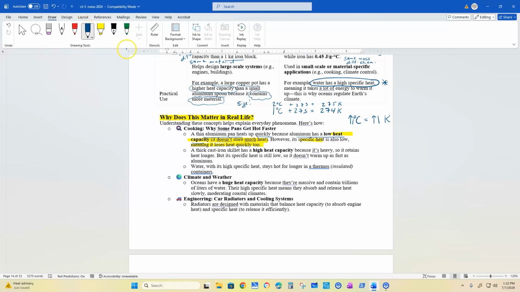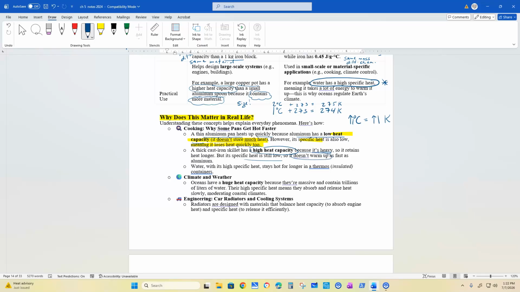A thick cast iron pan. I know I love my iron skillet that I have at home. I use that more than aluminum pots and pans because it can hold more heat because it's very heavy and it retains heat longer. Its specific heat is low, which means it doesn't warm up as fast.